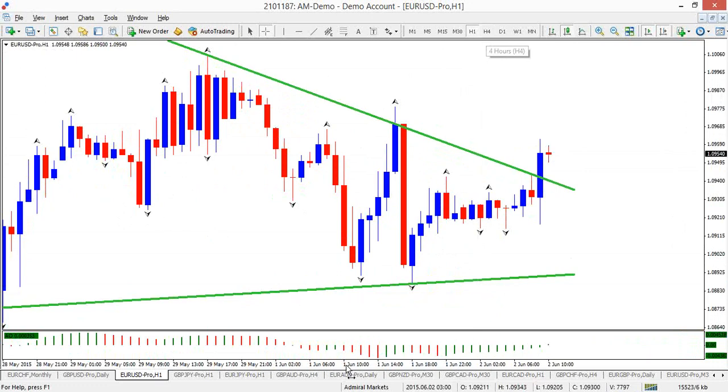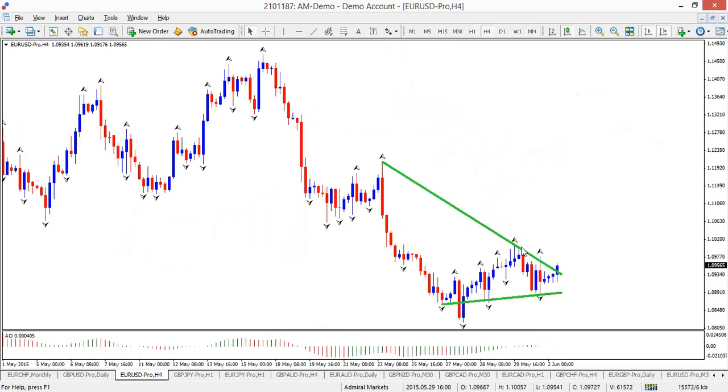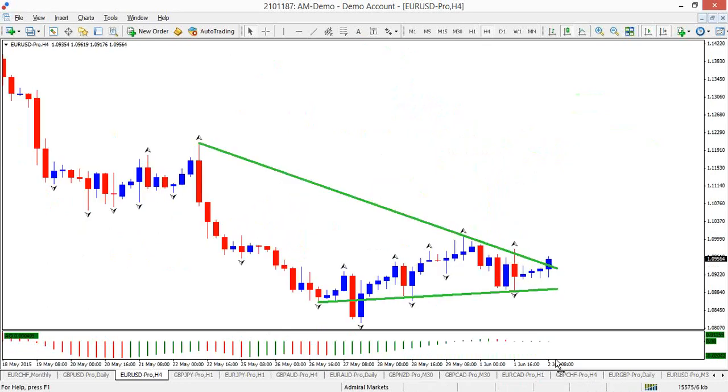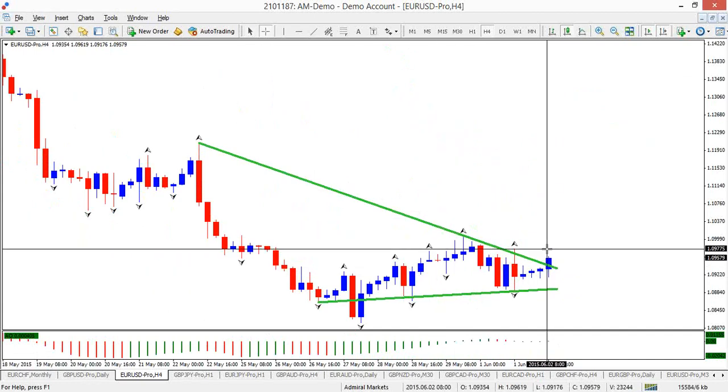Let me see if we can find a recent example. I don't know, maybe here, I don't see a perfect example, but this one perhaps, something like that could be the signal for a fade short. But from a breakout point of view, I'll be looking at the 4-hour chart, to be honest.